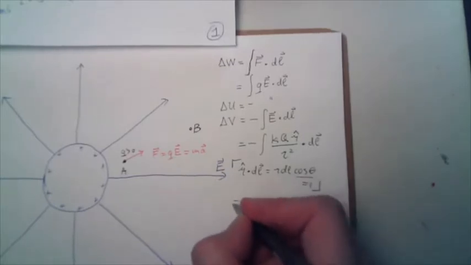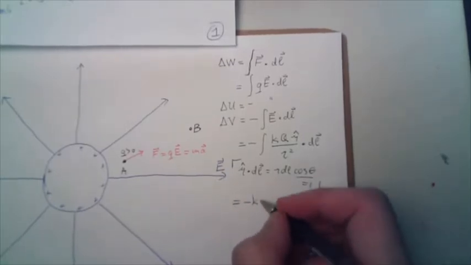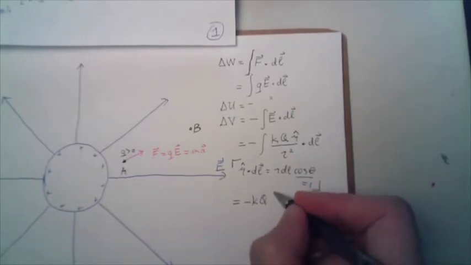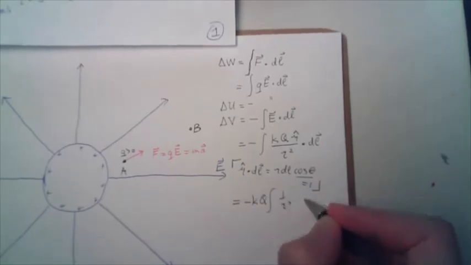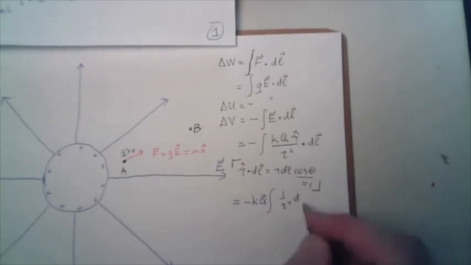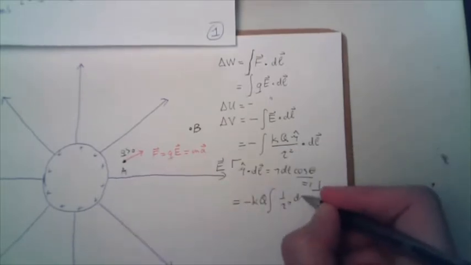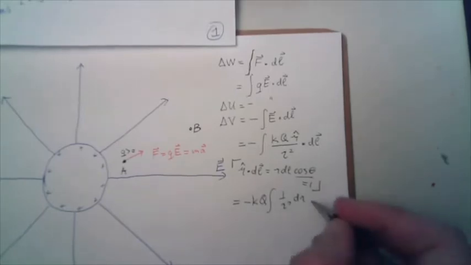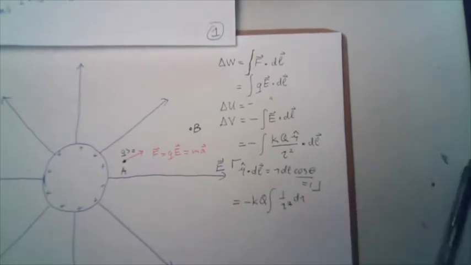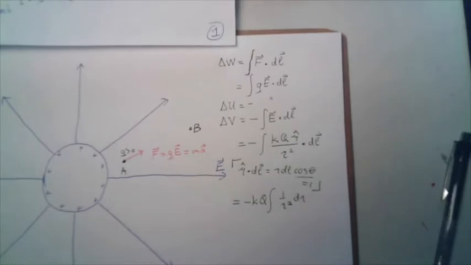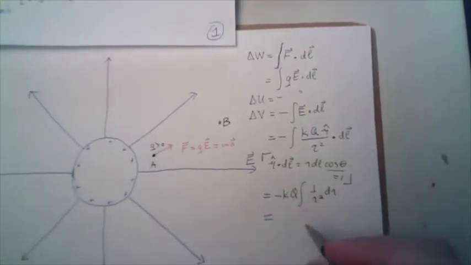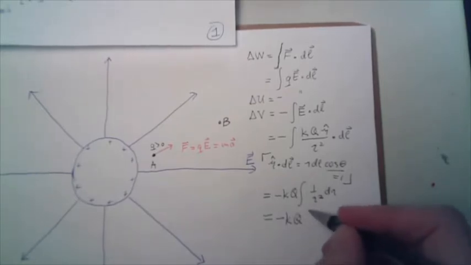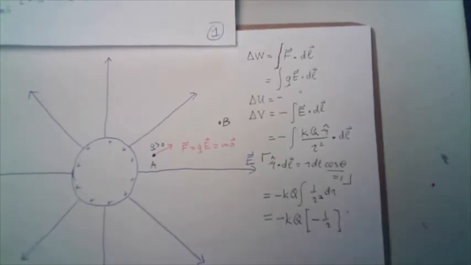So we finally get a minus kQ, 1 over r squared, and now the dl is actually a path in the r direction, so 1 over r squared dr. And we integrate that. Okay, we're almost done. That's a minus Q. It's a minus again. And now we have to find our bounds. So we're going to go from A to B.